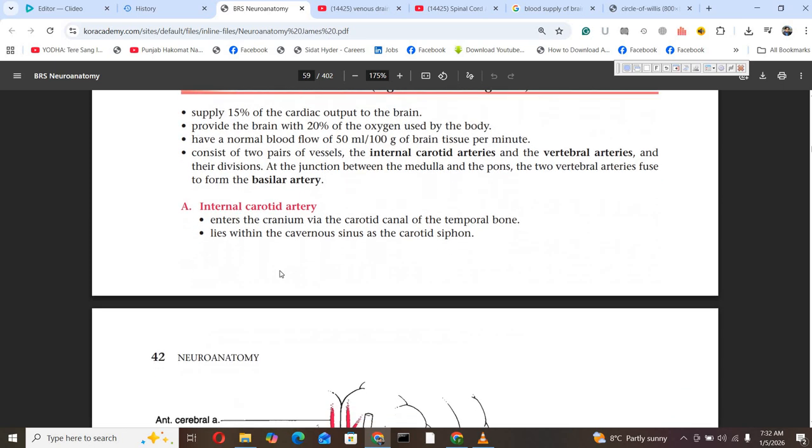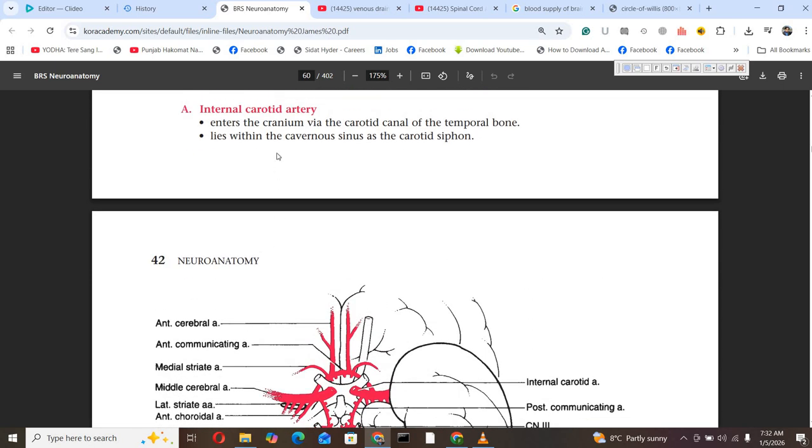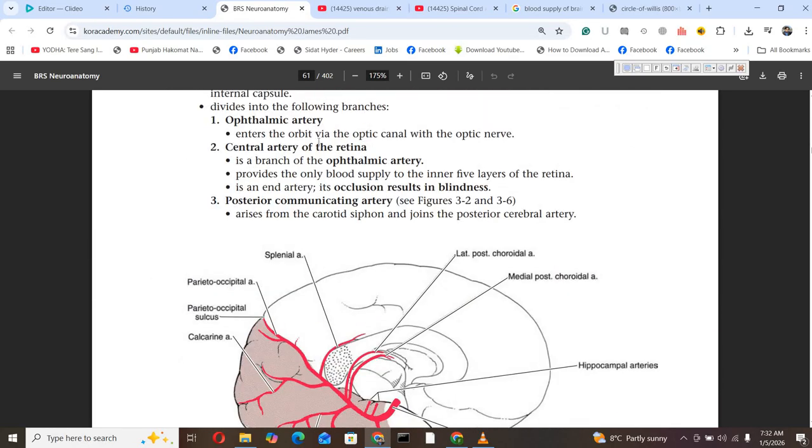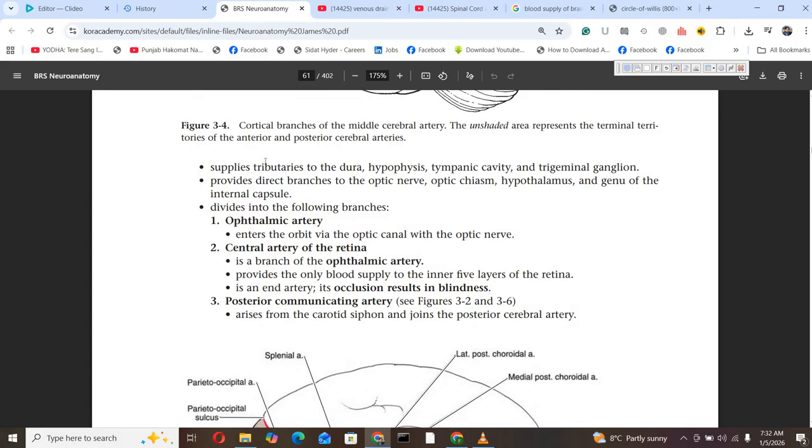The internal carotid arteries and vertebral arteries enter the cranium via the carotid canal of the temporal bone. The ophthalmic artery supplies the eye, and the central artery of the retina provides the blood supply to the retina part of the eye.